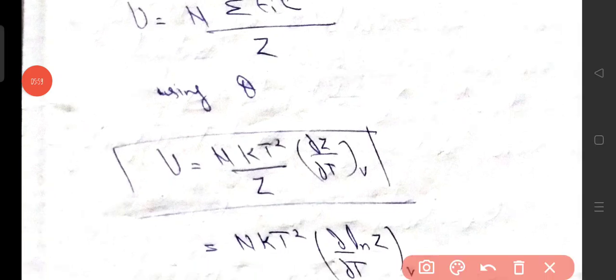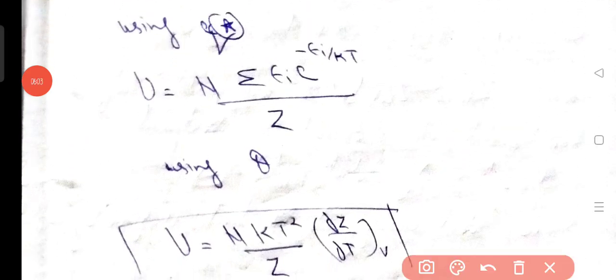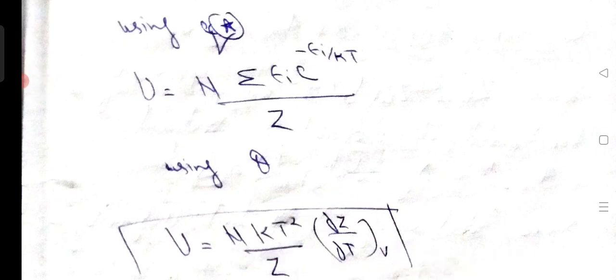And now U is equal to NkT square divided by Z, dZ divided by dT. How will you get this relation? Here summation Ei into e power Ei divided by kT is equal to kT squared dZ divided by dT.